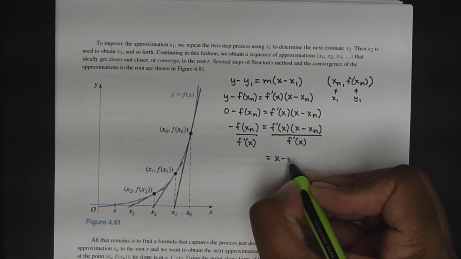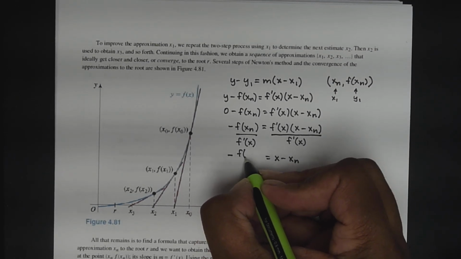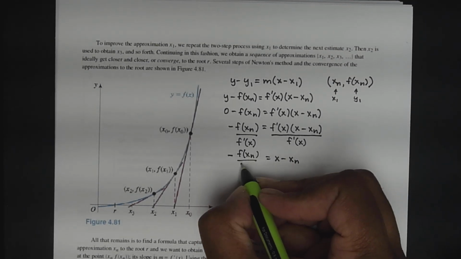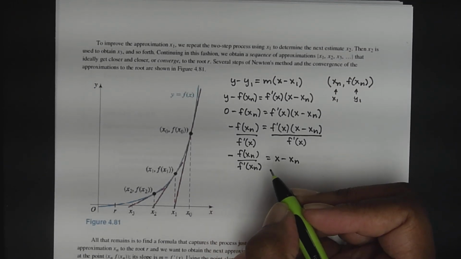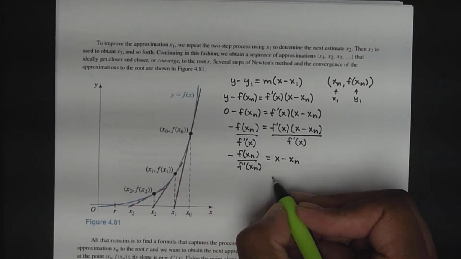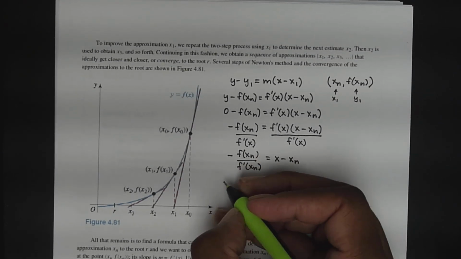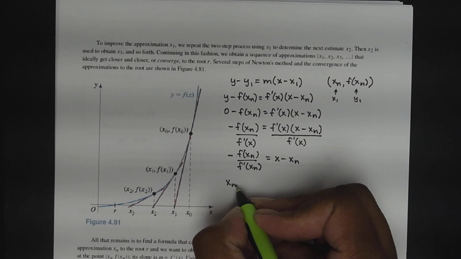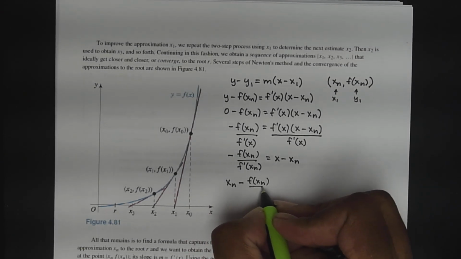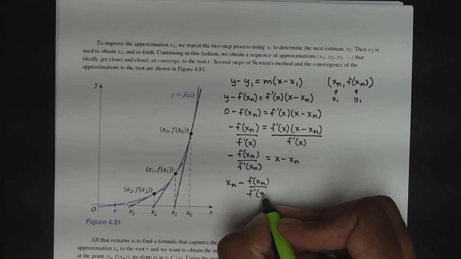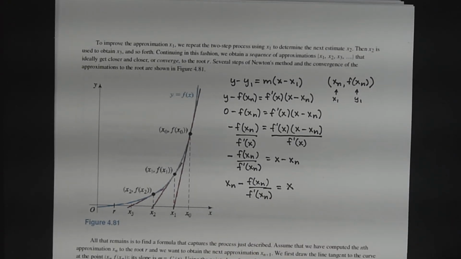So that means I have x minus x of n equal to negative f of x of n divided by f prime of x of n. And then to solve for x, I will move that x of n over to the other side. So here I have x of n minus f of x of n divided by f prime of x of n, and that will be equal to x.